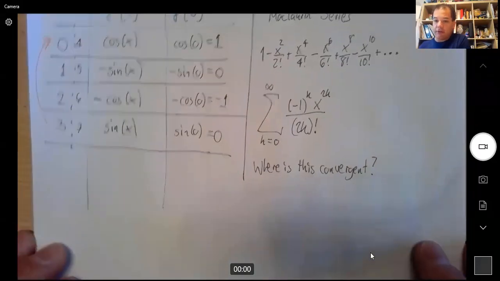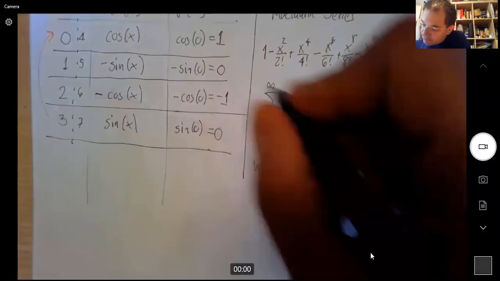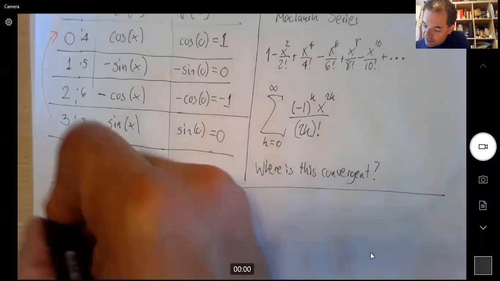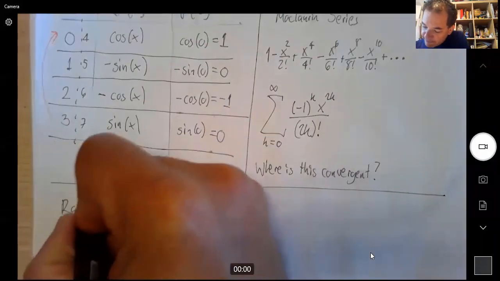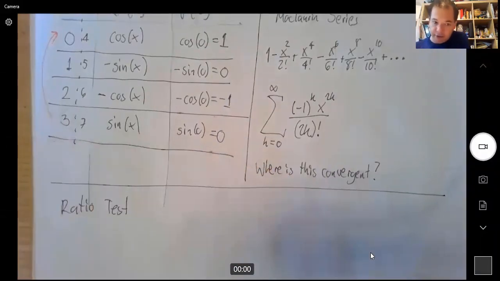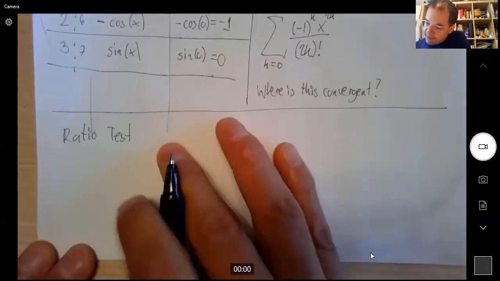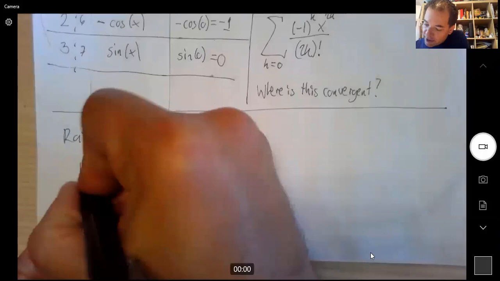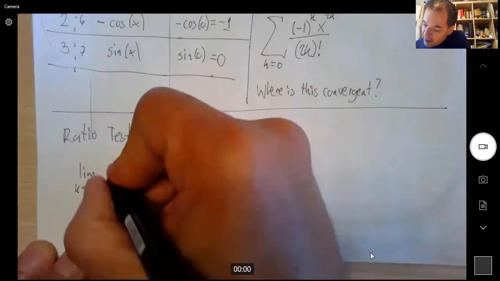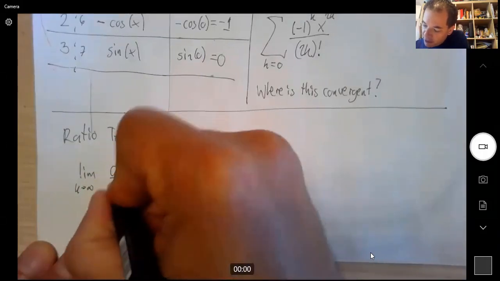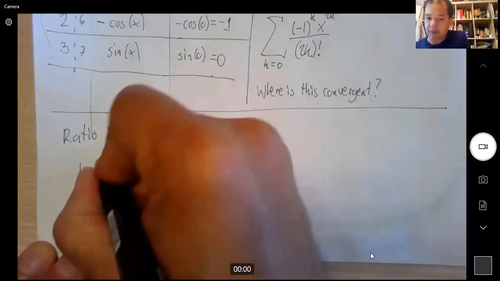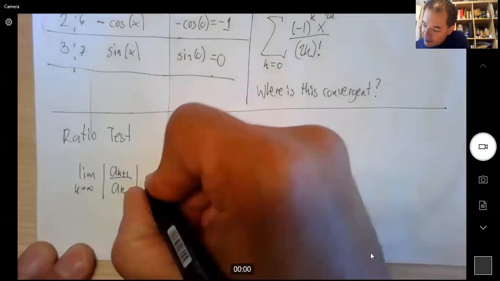So let's figure out the ratio test. How do we do it? Well, we need to calculate the limit when k goes to infinity of a_(k+1) over a_k, everything in absolute value. What is this?